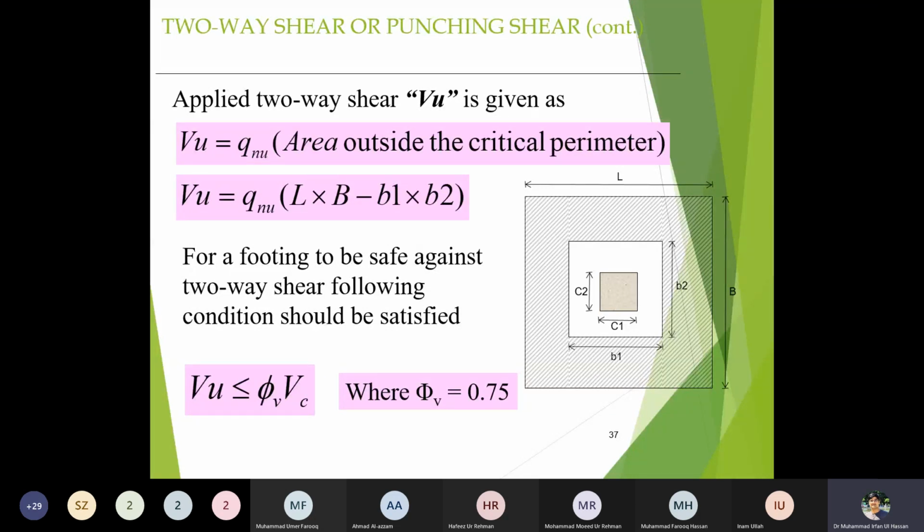So you just take the total area of the footing, and subtract the area within the punching perimeter. L times B is the total area, and the area within the punching perimeter is B1 times B2, where B1 is C1 plus D and B2 is C2 plus D. So that is very much similar to total footing minus the area within the punching perimeter. You can find out the punching shear.